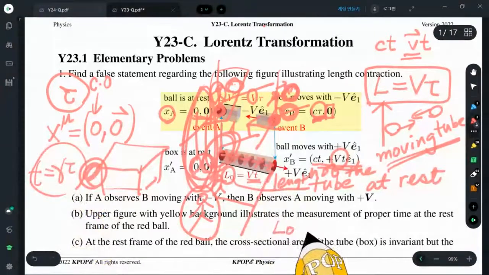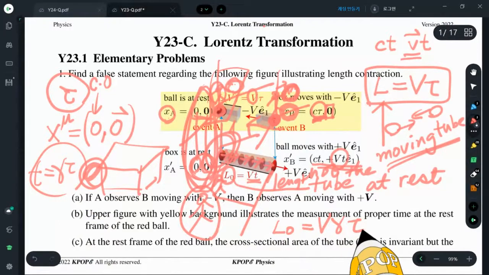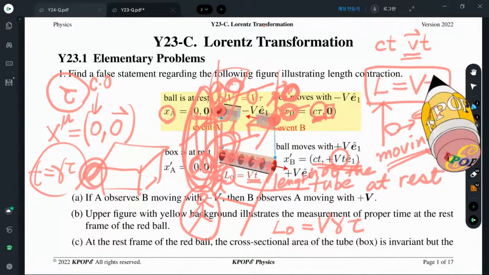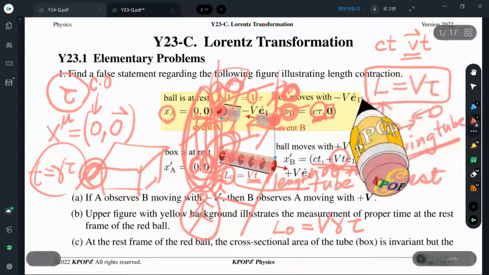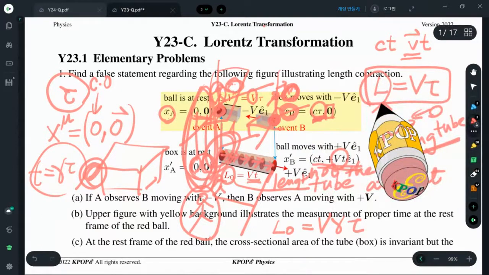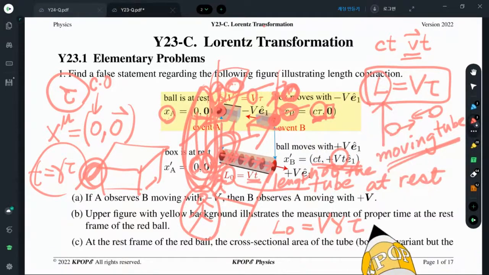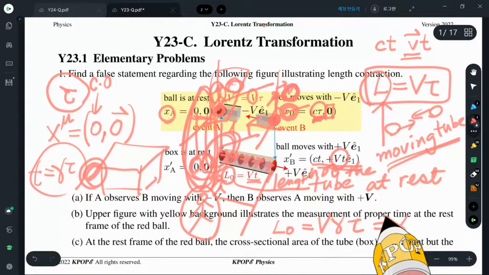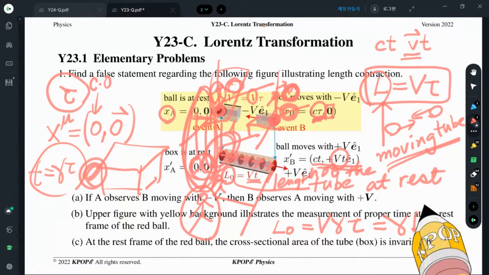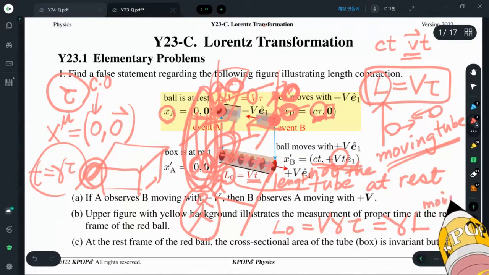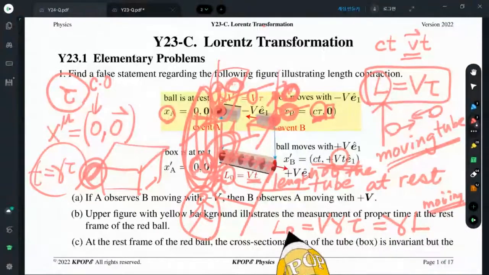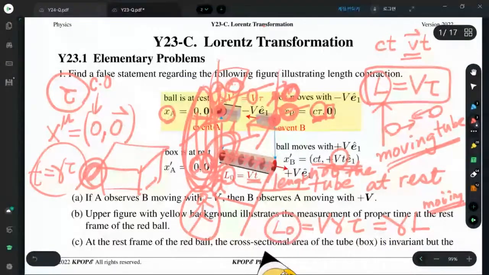Substitute: L0 equals v gamma tau. Now, v tau is the length when it's moving. So we can say gamma times L. This is the moving tube. And L0 is the rest tube.